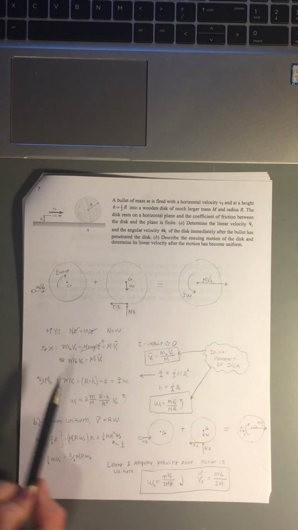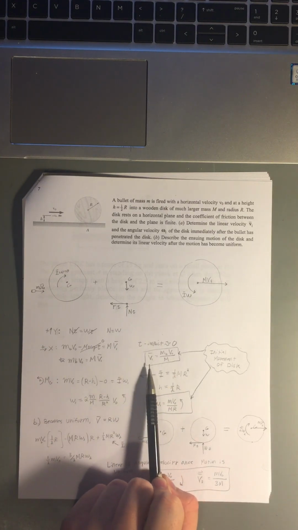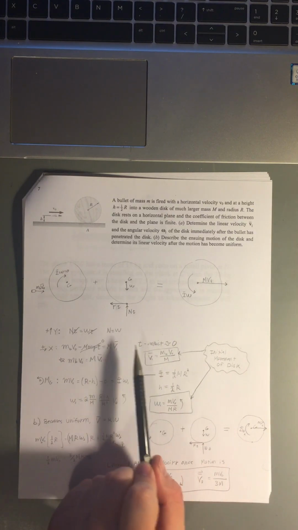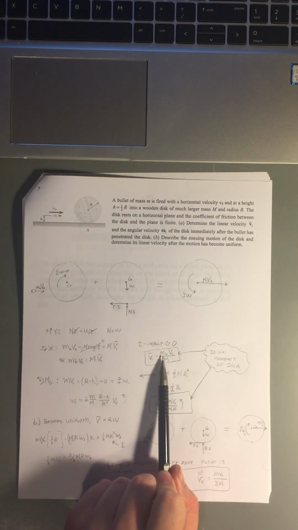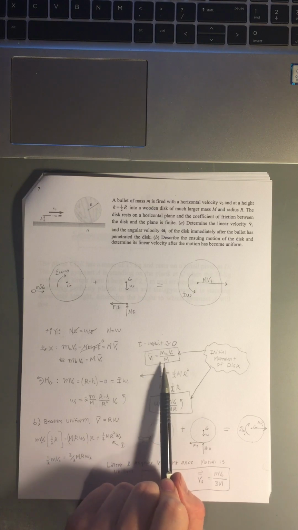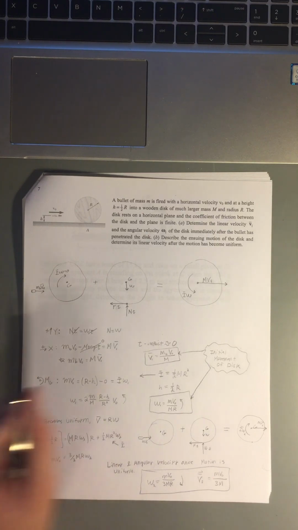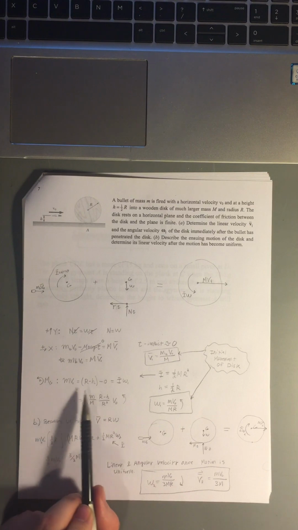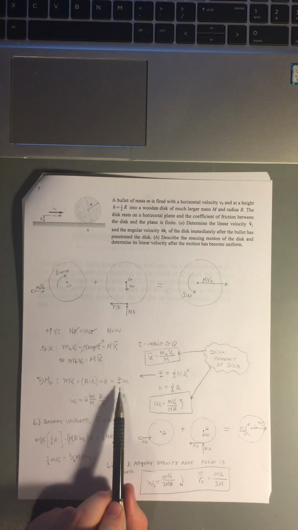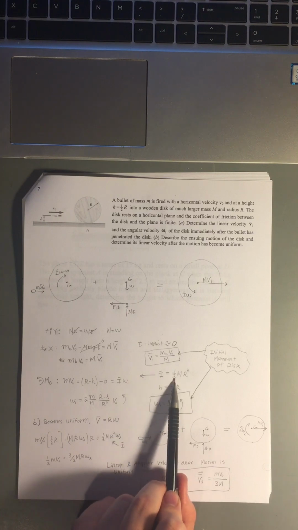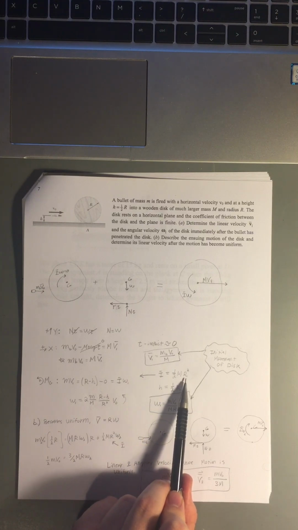And so rearranging that, we have an equation here for the final velocity of this system right after impact in terms of the mass of the bullet, the combined mass, and the initial velocity of the bullet. For our momentum equation, we take a moment of this system and it gives us this equation here. For our I term for the wooden disc, we know that that has to equal 1/2 mr squared.